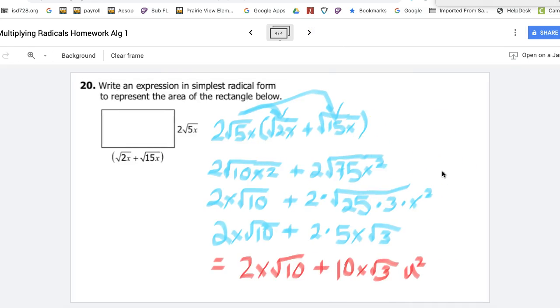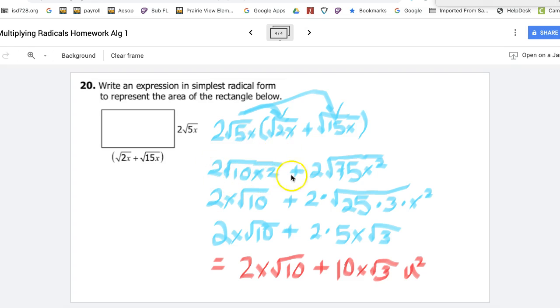All right, last but not least, we have a rectangle, and we are supposed to write the area of this rectangle, the expression that we can get for that in simplest radical form. So again, I'm taking the width, 2 root 5x, times the length, which is this expression in the parentheses, distribute, and I get 2, and this 5 times 2 is 10, x times x is x squared.